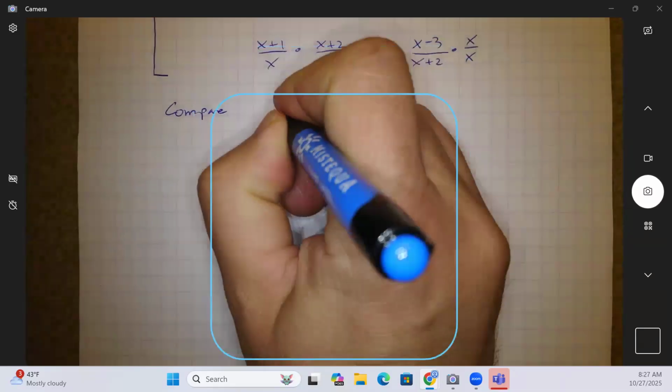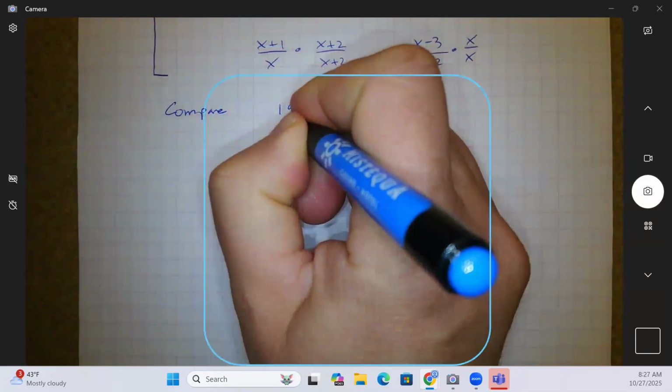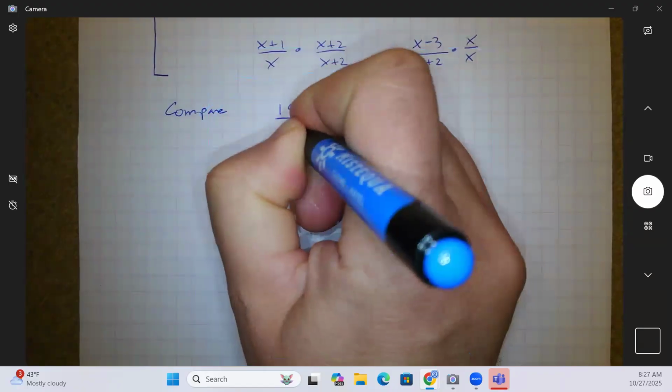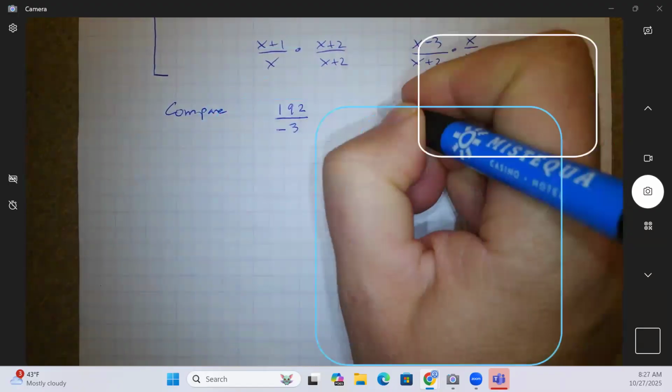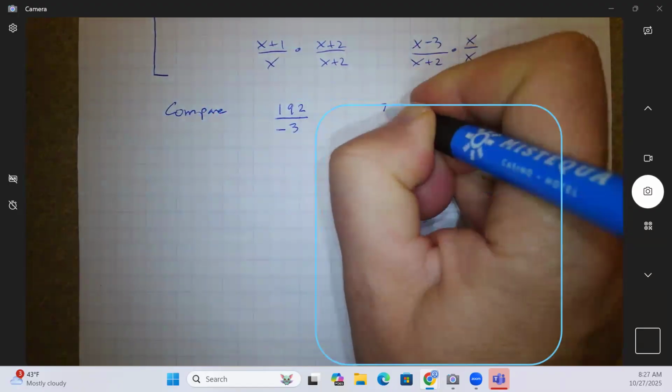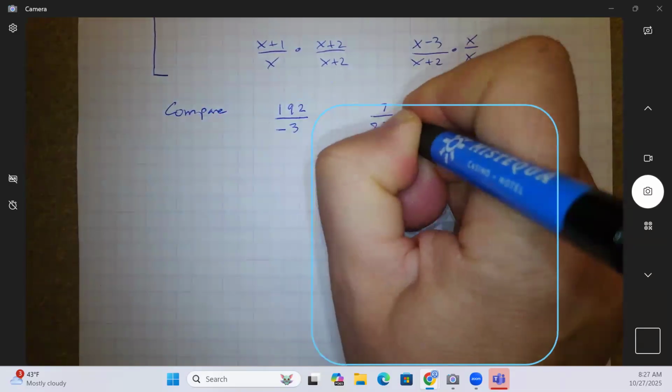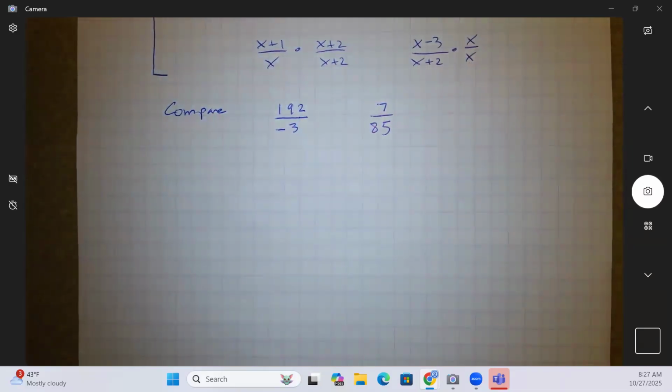Let's compare 192 over -3 to 7 over 85. I think we can do this without even getting them over the same denominator.